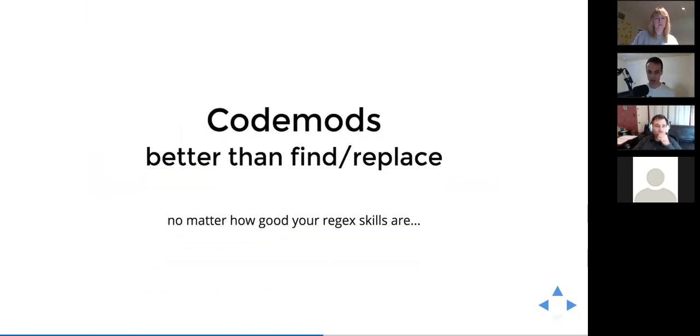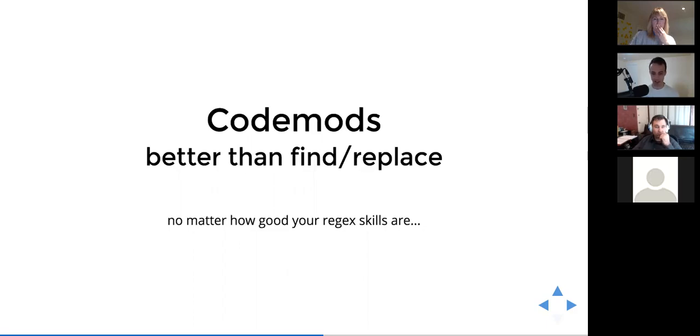And then finally, Codemods. A Codemod is basically a find and replace that is really, really good. I don't care how good your regex skills are, you will do much better writing a find and replace with Codemod than with a find and replace in your editor. The idea is it's basically a Babel transform that you run only one time. Babel normally you run as part of a build process.